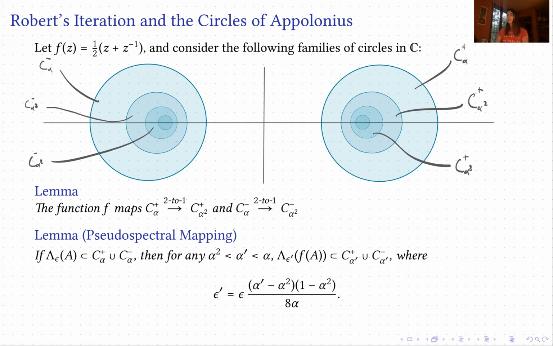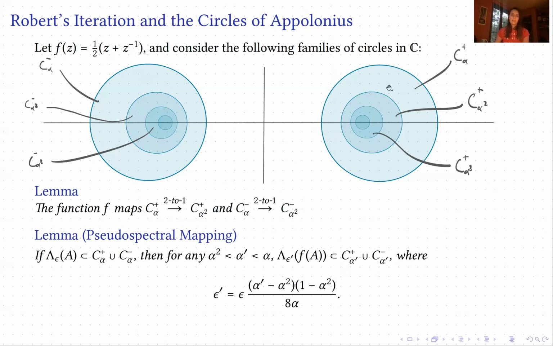Assume that the epsilon pseudospectrum of A lies inside the union of C alpha plus and C alpha minus. What we show is that for some alpha prime smaller than alpha, the epsilon prime pseudospectrum of f of A lies inside the union of C alpha prime plus and C alpha prime minus, for some epsilon prime a little smaller than epsilon.